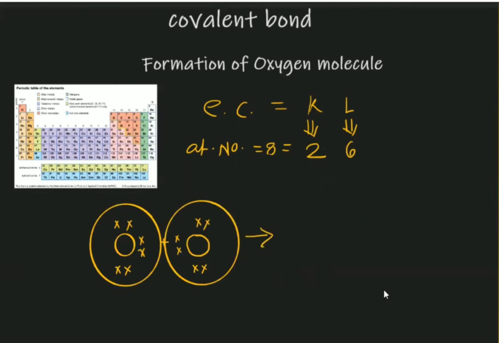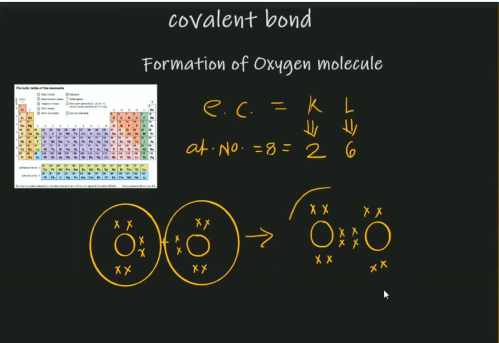After combination, just find out how many electrons can be shared to form covalent bonds. And my question is, how many covalent bonds can be formed in this case? See, students, 6 electrons I want to show with every oxygen, 1, 2, 3, 4, 5, 6, again 1, 2, 3, 4, 5, 6.